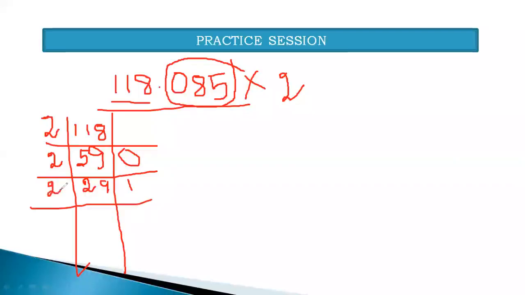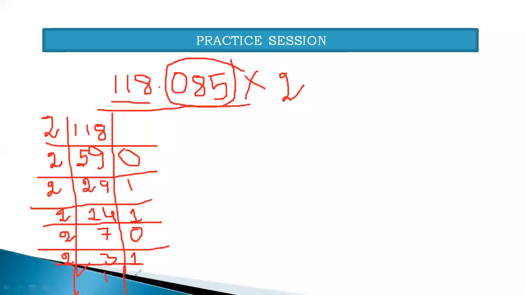One more time, 2 ones are 2, 2 fours are 8, 2 fourteens are 28, and the remainder will be 1. 2 sevens are 14, remainder is 0. 2 threes are 6, and the remainder is 1. 2 ones are 2, and the remainder is 1.